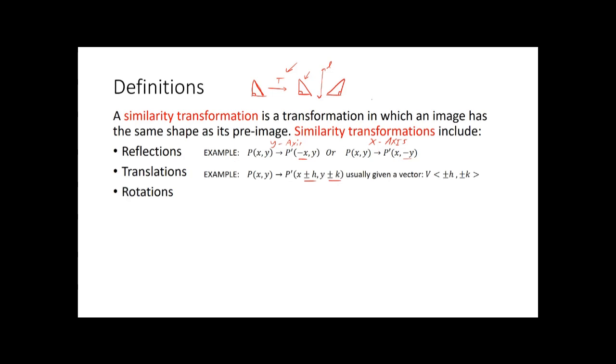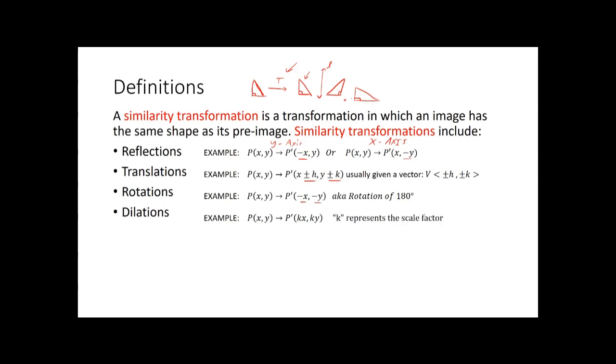All right, rotations. If I rotate this right triangle 90 degrees, it's still going to be a right triangle. It'll still be similar. And here's the rule for the rotation of 180 degrees. Remember, both the x and y negate. So that's an example.